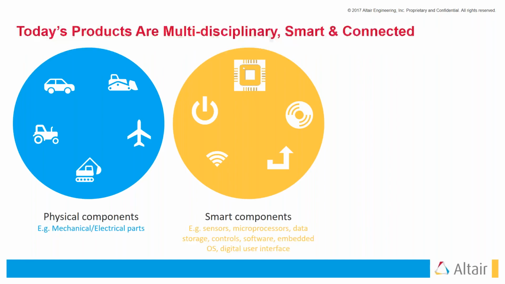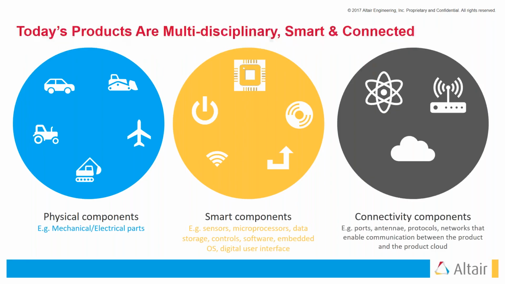So we are in the world of IoT. How are you going to connect these products? As we say, we are system connected, with car-to-car communication. Everything is interconnected. On the connectivity side, there are connected components like ports, antennas, protocols, networks, and the communication between them. And we have cloud solutions. So today's products are multidisciplinary, multi-domain, controlled, and connected.